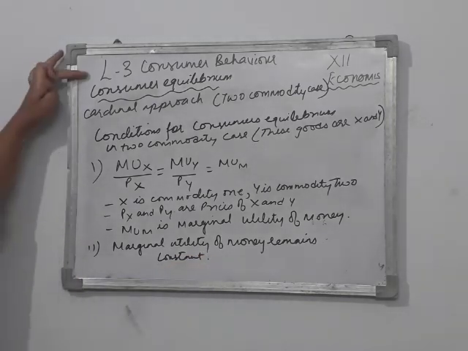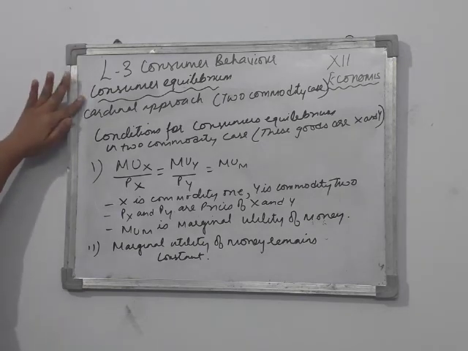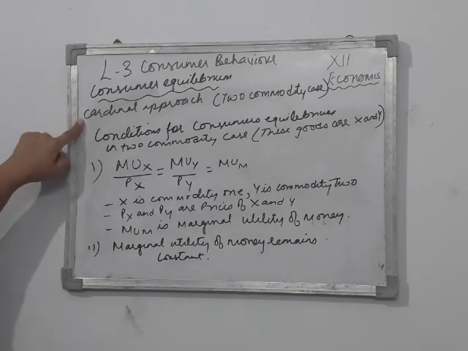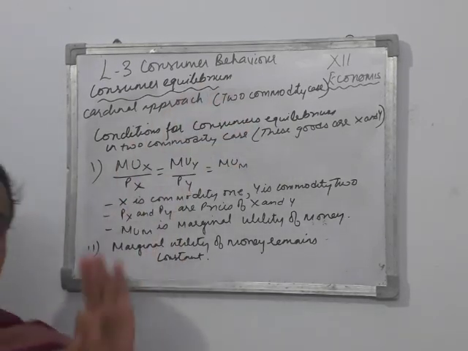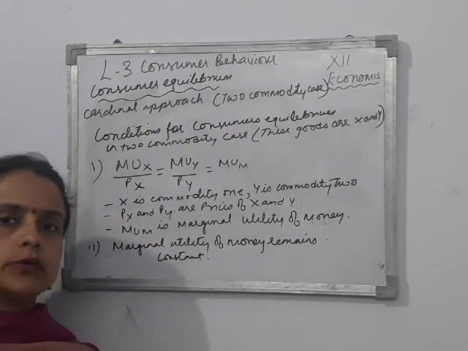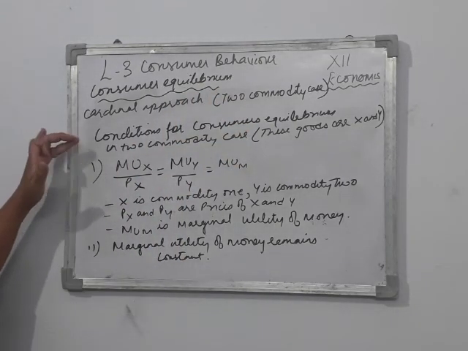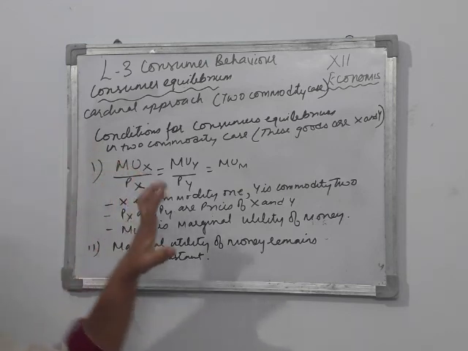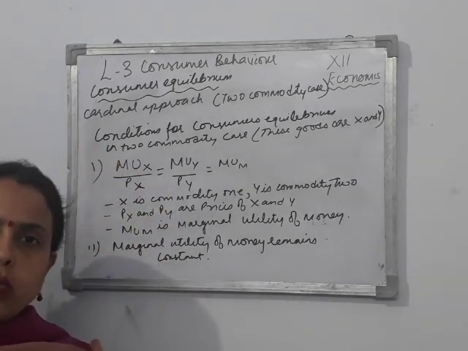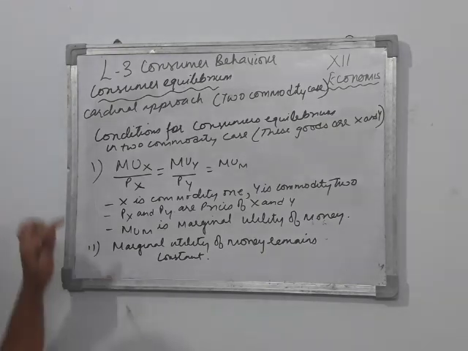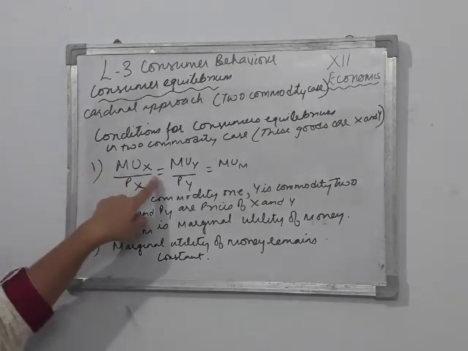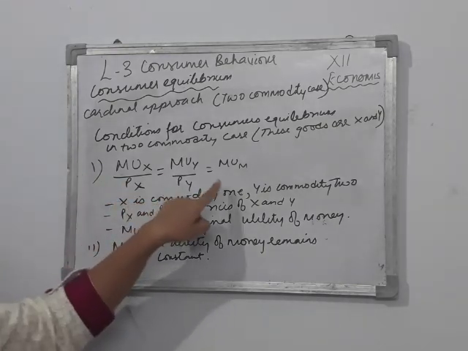Again, I am repeating, we are doing lesson number 3, consumer equilibrium. The approach is the cardinal approach and the case is the two commodity case, and we are doing two commodity case because earlier we have done one commodity case. So under this, the first condition is MUX upon PX should be equal to MUY upon PY equals MUM.